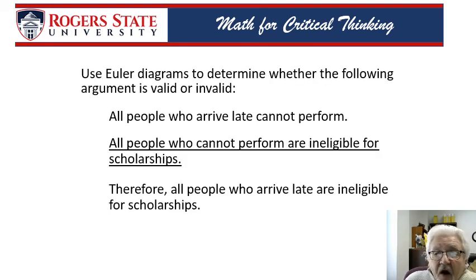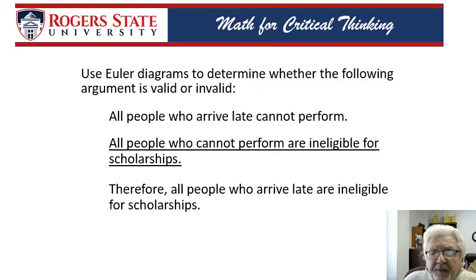All people who arrive late cannot perform. How would we draw that? All people who cannot perform are ineligible for scholarships. Therefore, all people who arrive late cannot get a scholarship.